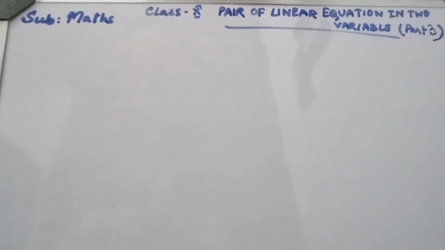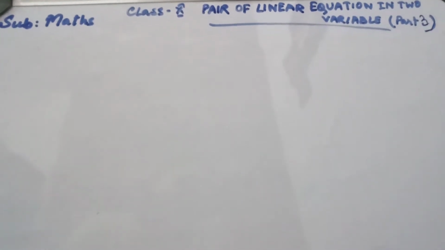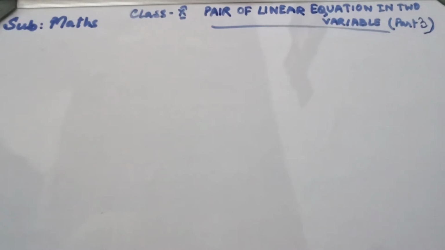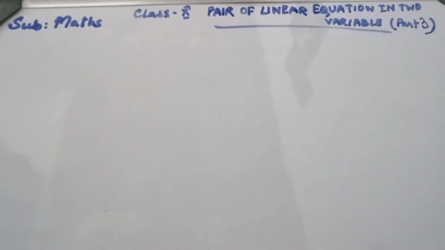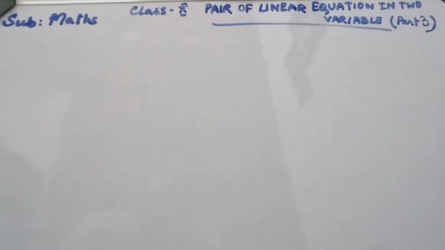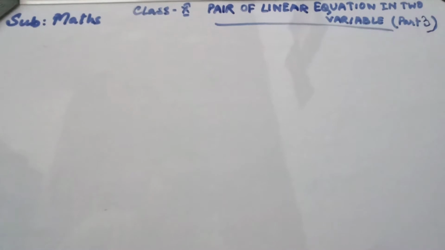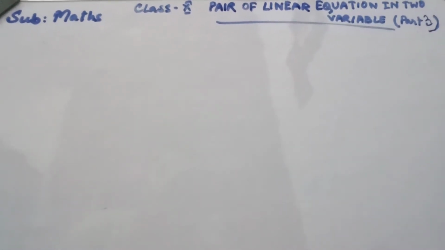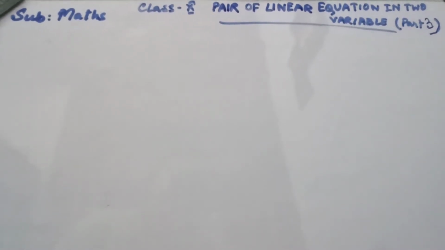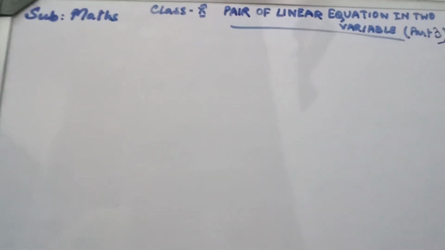And for elimination method we used to eliminate any one variable by equating the coefficient. If the coefficients are not equal, we usually multiply by any two numbers such that they become equal, and then we subtract, right, and we eliminate, and from there we get one value, and again we substitute that value in the second equation and we solve.